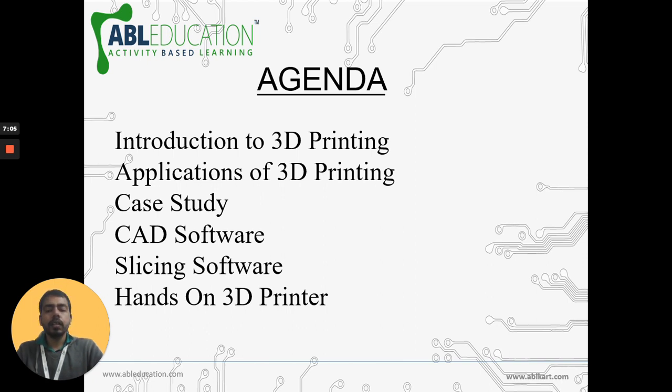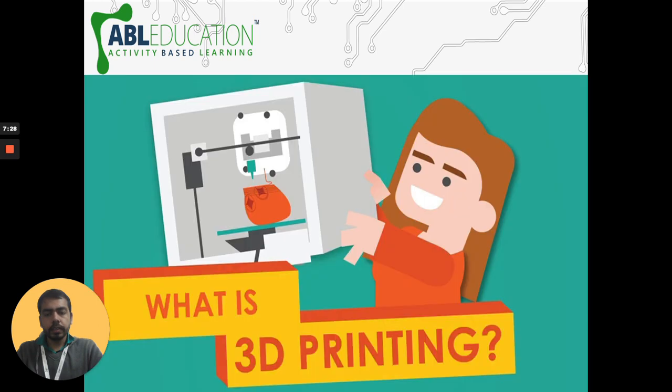In CAD software, Tinkercad is also a CAD software where we can make our model. Slicing software, like Cura, we will discuss in a later video. And hands-on 3D printing, how you can print your model on the 3D printer, we will also discuss in a later video. Okay.